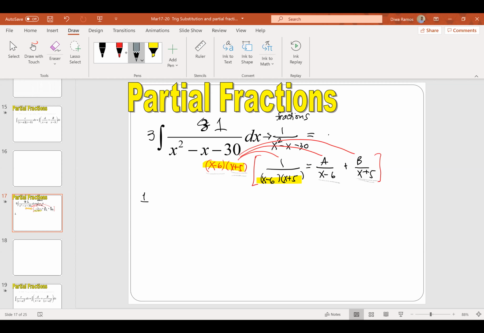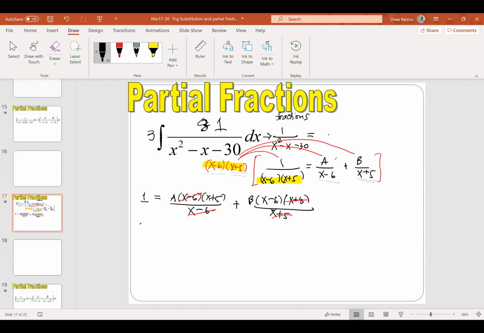So if we distribute the whole thing, for the A section, we will have A times x minus 6, x plus 5 over x minus 6, plus we have B, x minus 6, x plus 5 over x plus 5. Okay. Sorry about this. The pen is clunky. All right. So we know we can cross out this thing and we can cross out that thing.